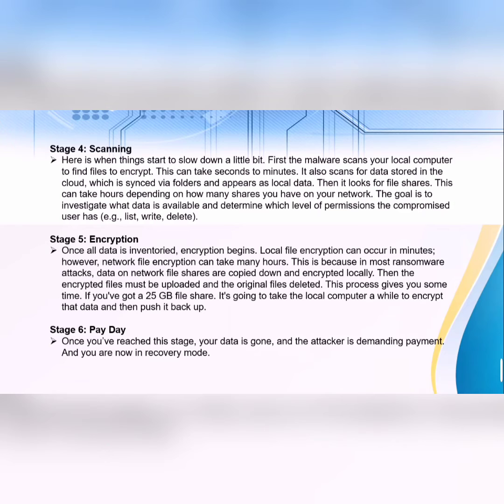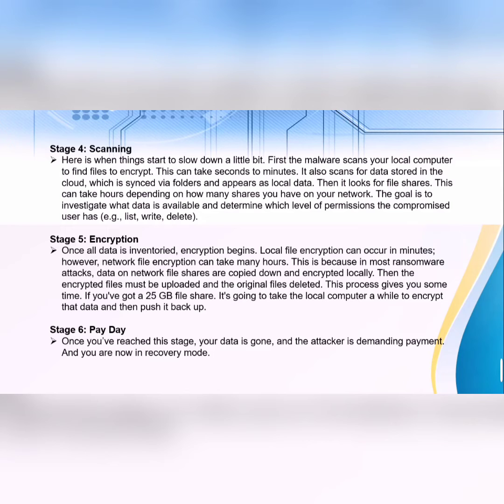Stage 4: Scanning. Here is when things start to slow down a little bit. First, the malware scans your local computer to find files to encrypt. This can take seconds to minutes. It also scans for data stored in the cloud, which is encrypted via folders and appears as local data.